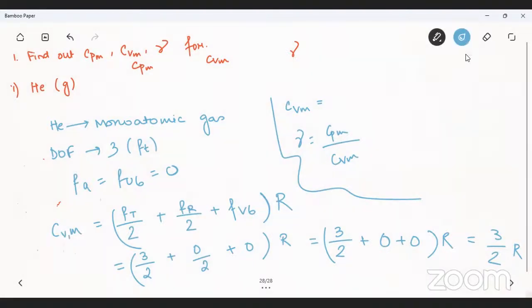It is CVM. So what is CPM? CVM plus R. So it is 3 by 2 R plus R. How much is it coming? 5 by 2 R. So what is gamma? 5 by 3.